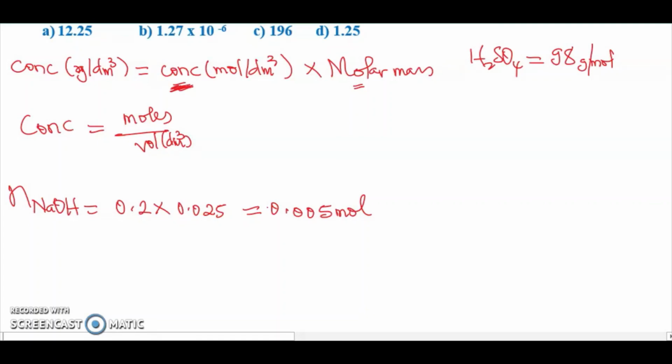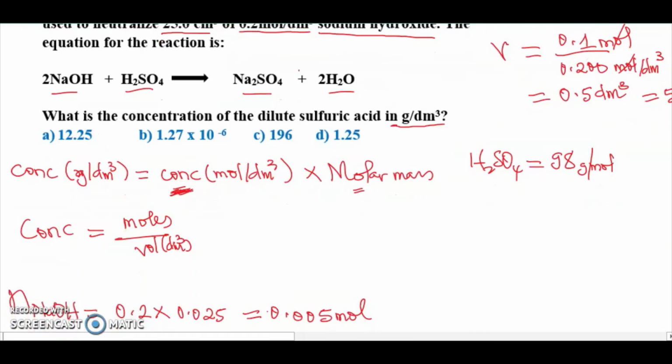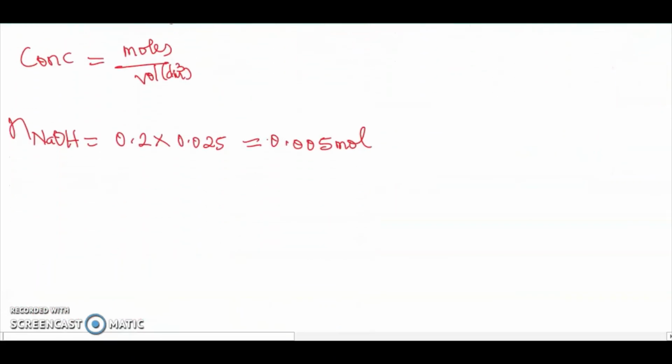Now let us look at the equation of the reaction. So from this equation, we can clearly see that 1 mole of sulfuric acid reacts with 2 moles of sodium hydroxide. So the mole ratio is 1:2. So we're going to use that to help us.